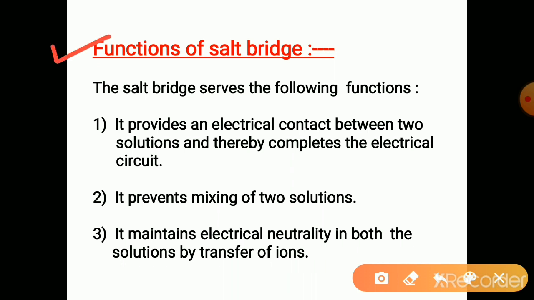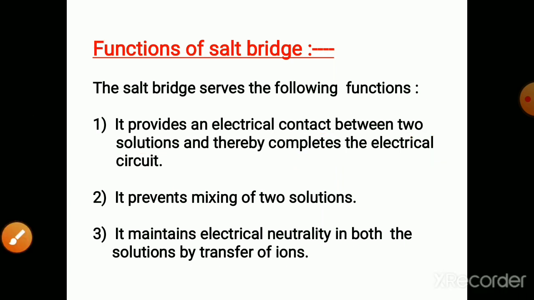Functions of salt bridge. These functions are asked in the board examination. If you see the previous year's question papers, you may find the functions of salt bridge. It provides an electrical contact between two half cells, thereby completes the electrical circuit.